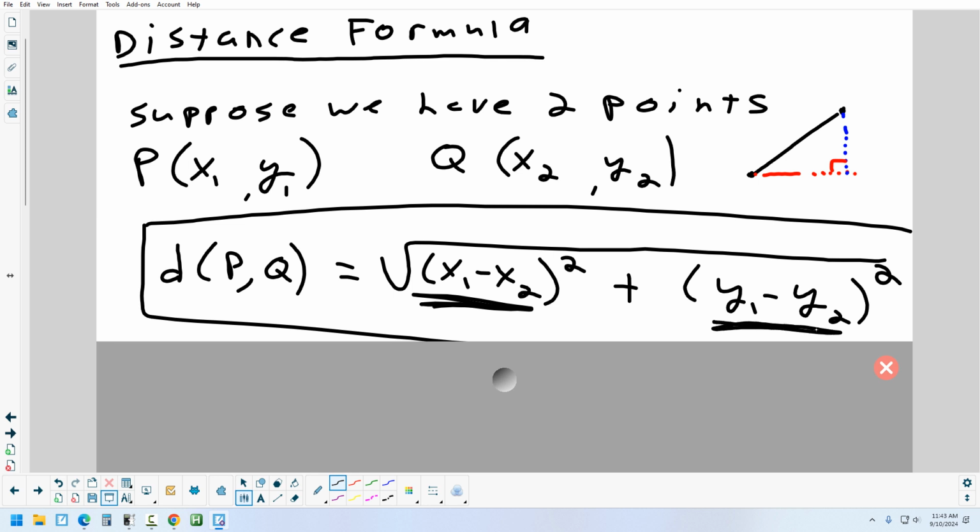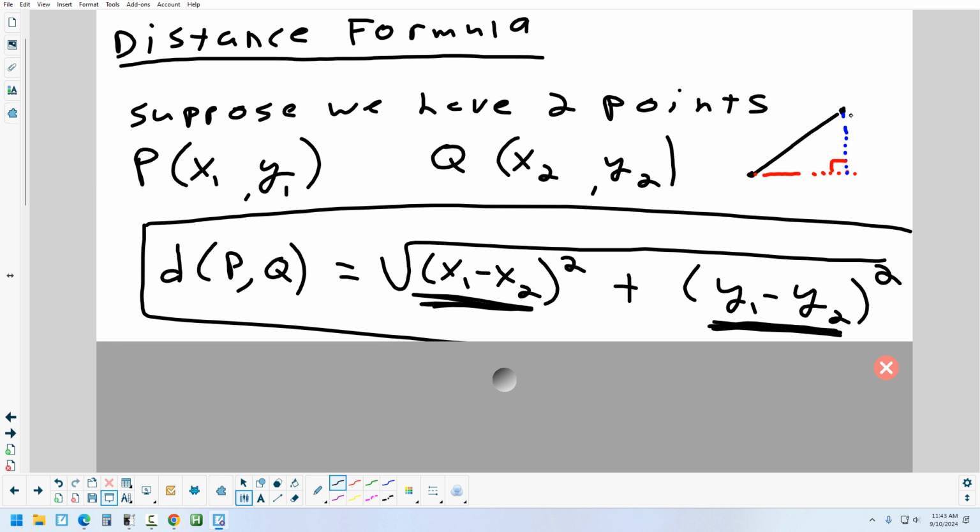You take the length of the other side, and that's what that calculation gives you. That's the height. It's the difference in the y values. So you take those two values, you square them, add them up, and take the square root, and it'll give you the hypotenuse.